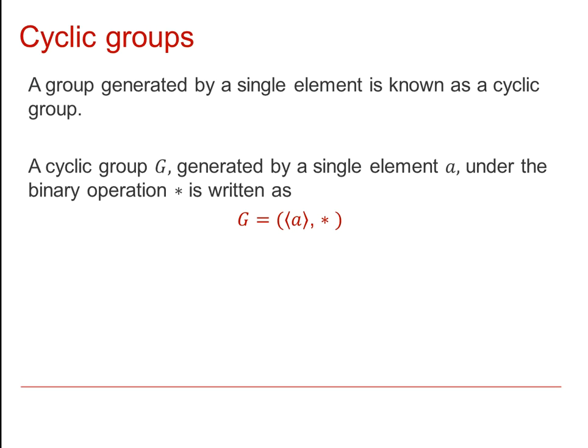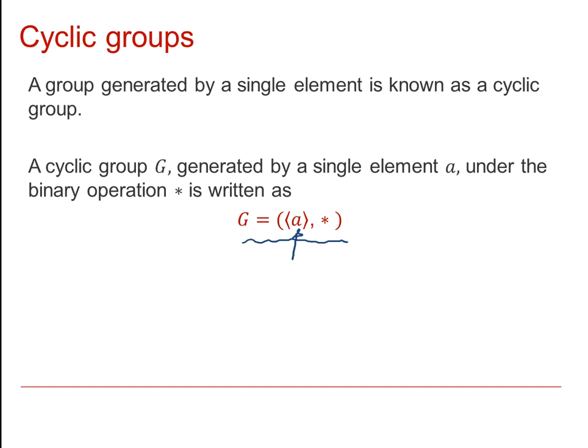So a cyclic group is one where we're generating the whole group by a single element. And cyclic groups are often written in this form. So we've got the element written in this bracket together with the binary operation.